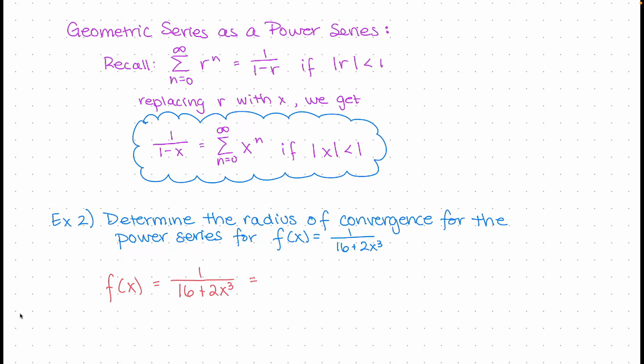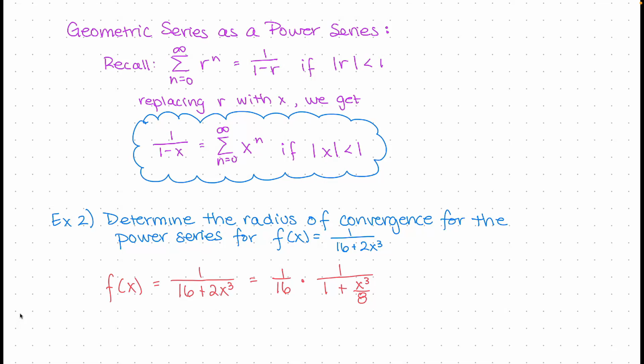All right, so here's what we do. First of all, that is a 16. That is not a 1. We need to fix this. I will factor out a 1/16. And that will get us 1/16 times 1 plus, and then it'd be 2x cubed over 16, but that simplifies to x cubed over 8.